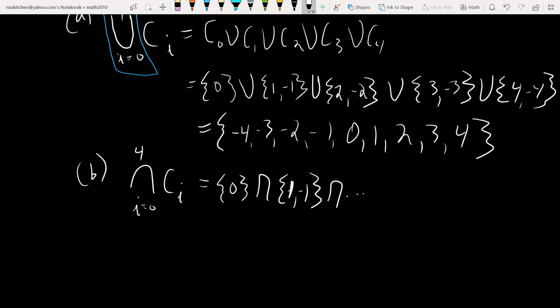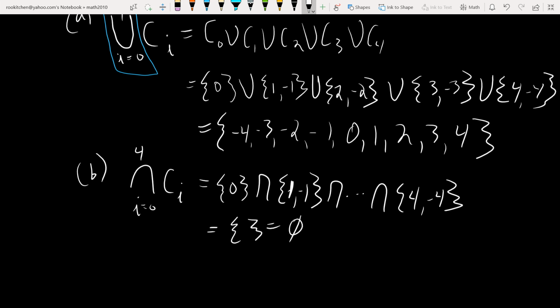If you allow me, let me just abbreviate with my dot dot dots. So what's the intersection? Well, there's nothing in common here. So the intersection is just the empty set, or the null set.